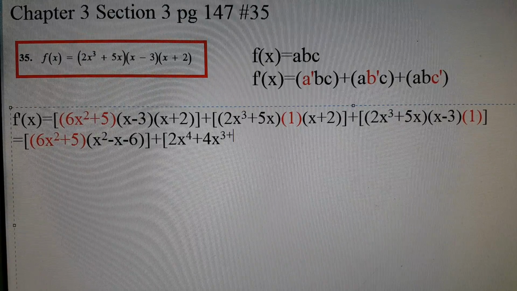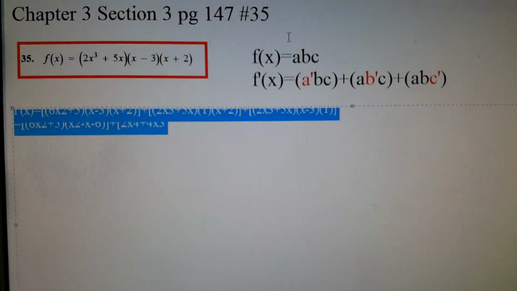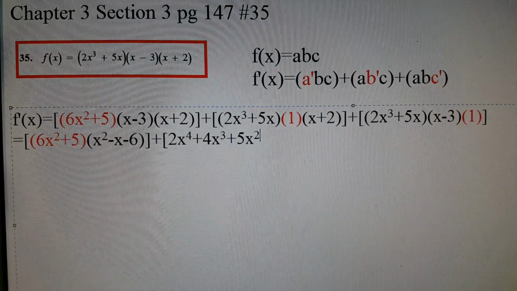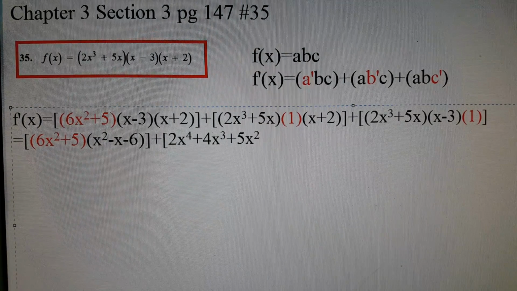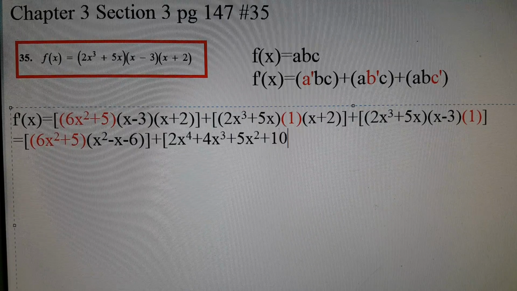And then 5x times x becomes 5x squared. And then 5x times 2 becomes 10x.